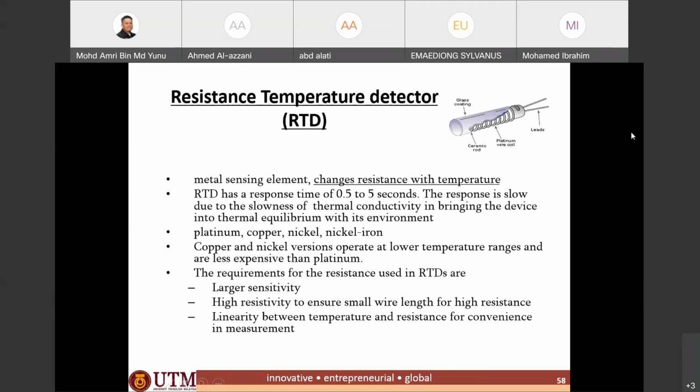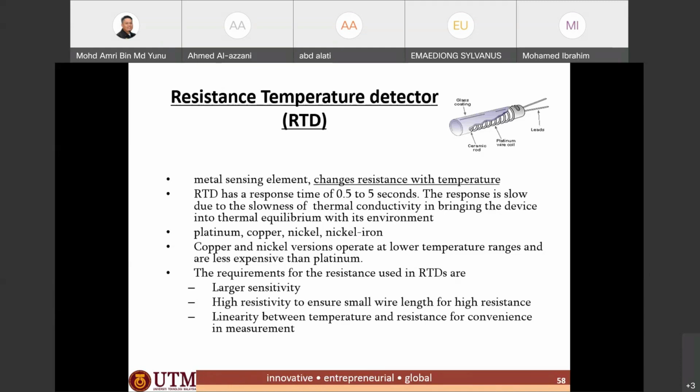We will look into the comparisons between these metal wires. Copper and nickel operate at lower temperature ranges, and they are less expensive than platinum. Platinum is less abundant compared to the other metals, and also quite expensive. If I'm not mistaken, it's much more expensive than gold.